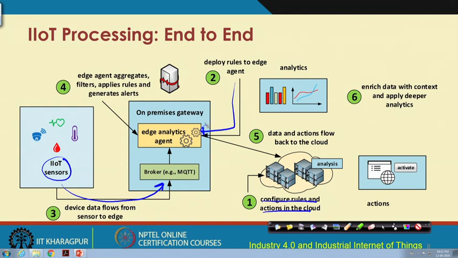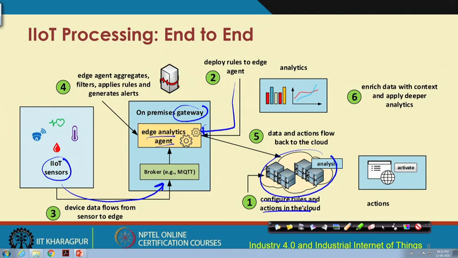Let us assume that this is the edge device or the gateway which is doing partial processing. Thereafter, this edge agent, analytics agent, will do things like aggregation, filtering, applying the rules, generating alerts and so on. Thereafter, the data and the action flow are sent back to the cloud for further processing, where initially we had started with the configuration of the rules and the corresponding actions that are going to be taken.